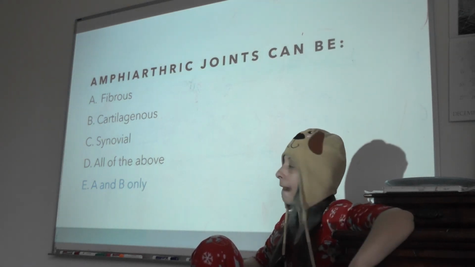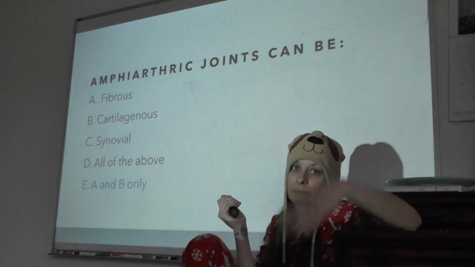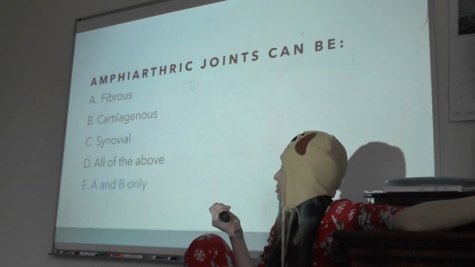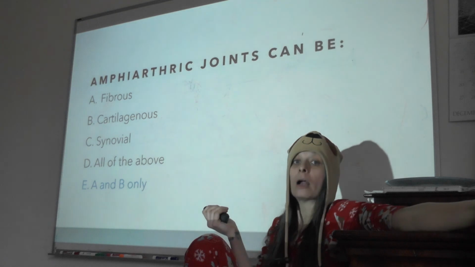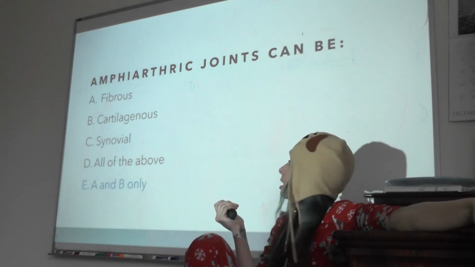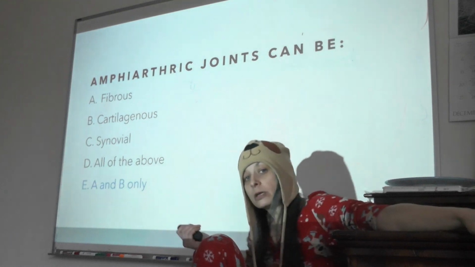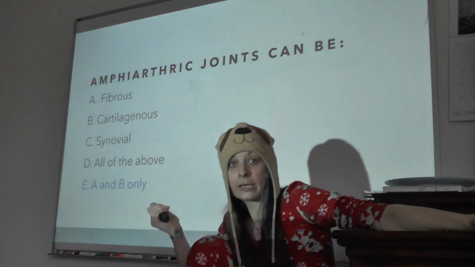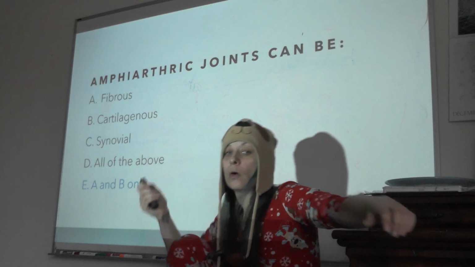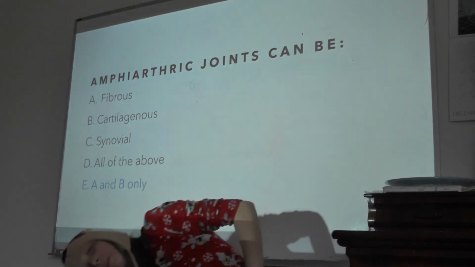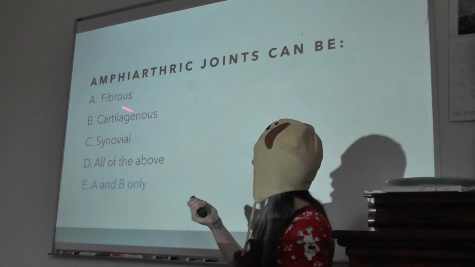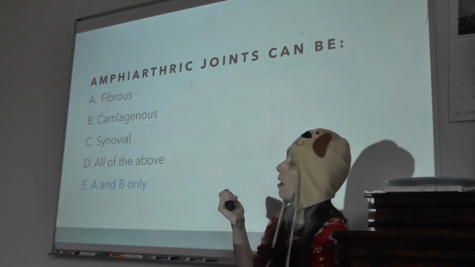Also synarthritic. So then it must be our other type of cartilaginous joints, our symphyses. Remember we said our intervertebral discs are pads of fibrocartilage. Those are amphiarthritic. They allow a little bit of motion, and the more you move your vertebral column, the more motion you get. So our symphyses would be an example.